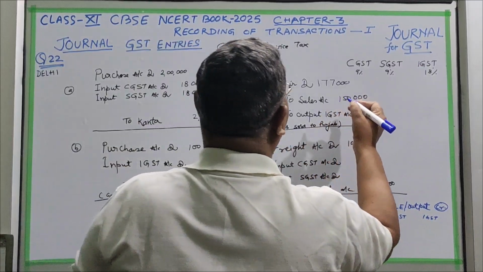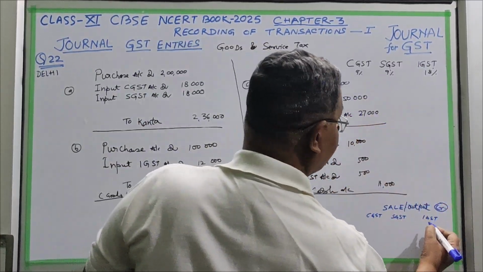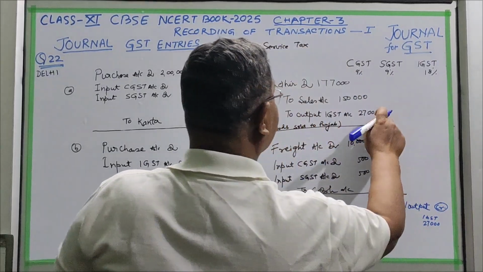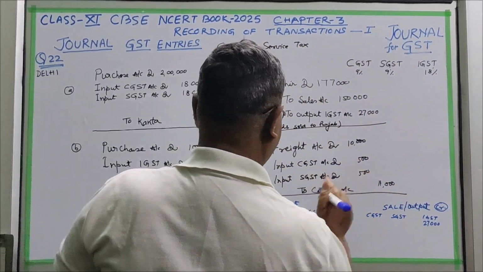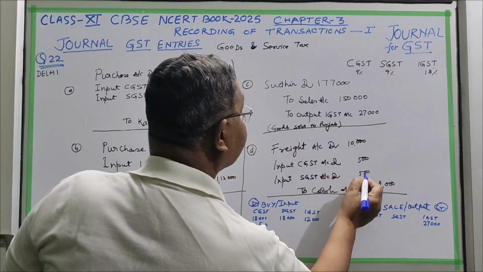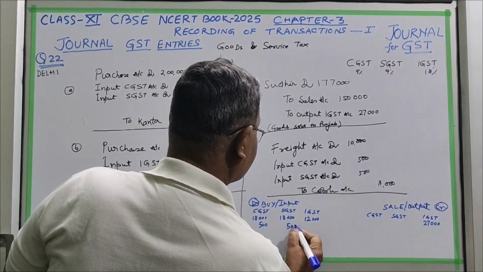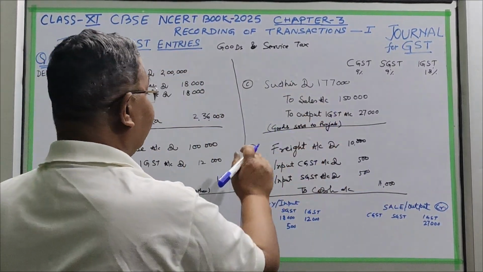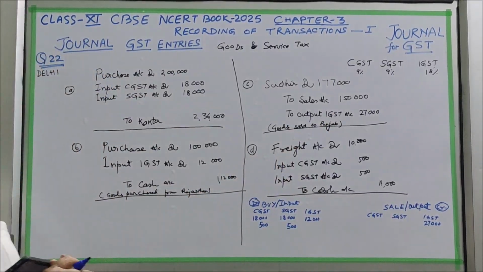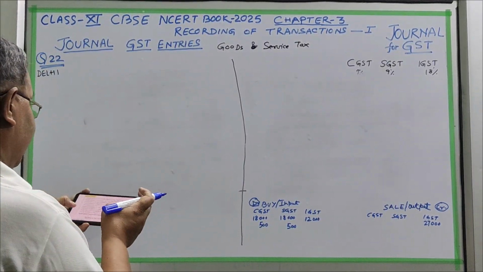Then here output IGST 27,000. Then input 500, and here also 500. So the rest I will fill in after the next entry.